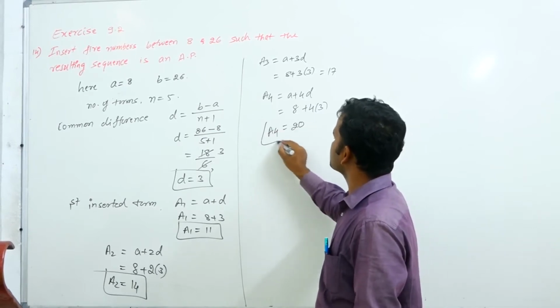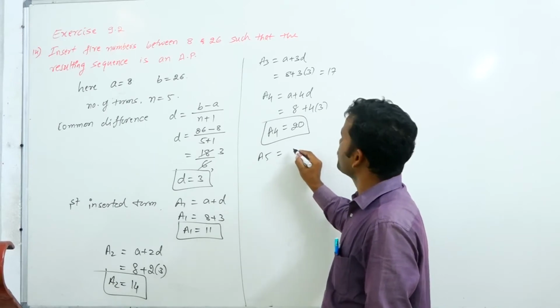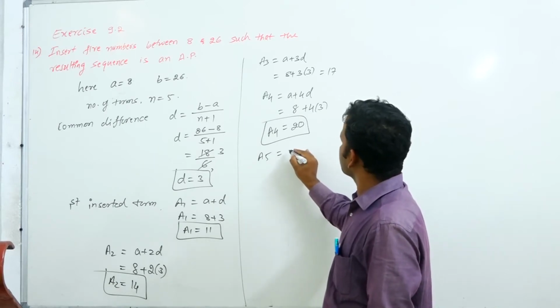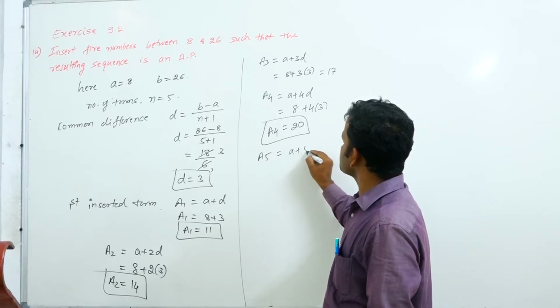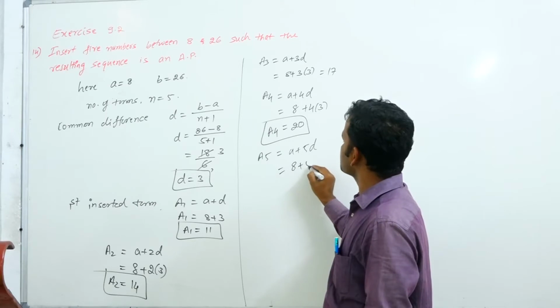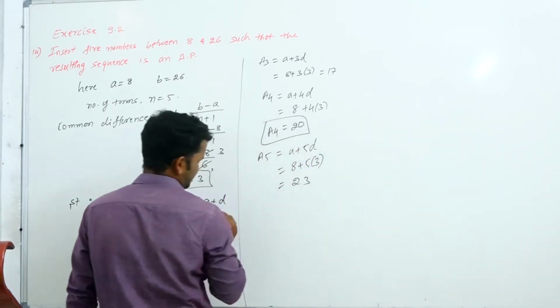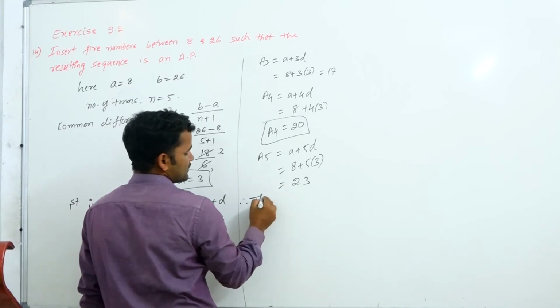A4 is equal to 20. Next, fifth inserted term, A5 is equal to A plus 5D. A is 8 plus 5 into 3. 15 plus 8, 23.